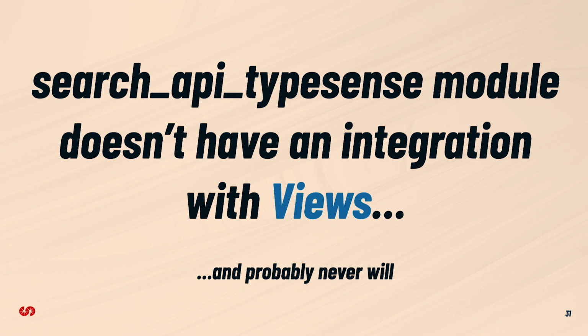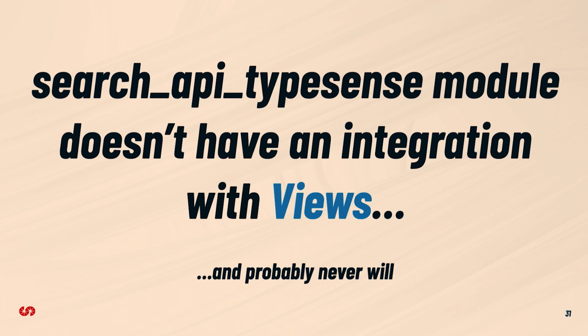One interesting point is that in the typical Search API setup, the result page is a view, basically. So we create an index and then create a view to return the results. Search API Typesense is not integrated with views, and probably it will never be, okay?